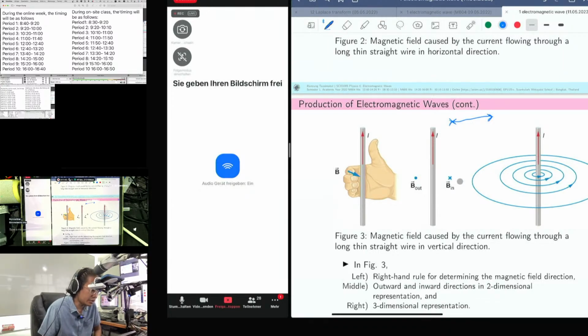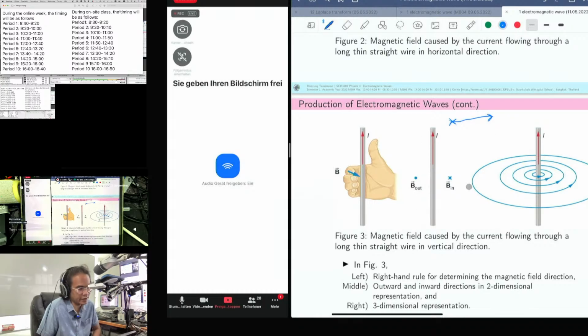But if you see the cross sign or the X symbol, it means you have the rear part of the arrow pointing away from you. This is the two-dimensional system for representation.